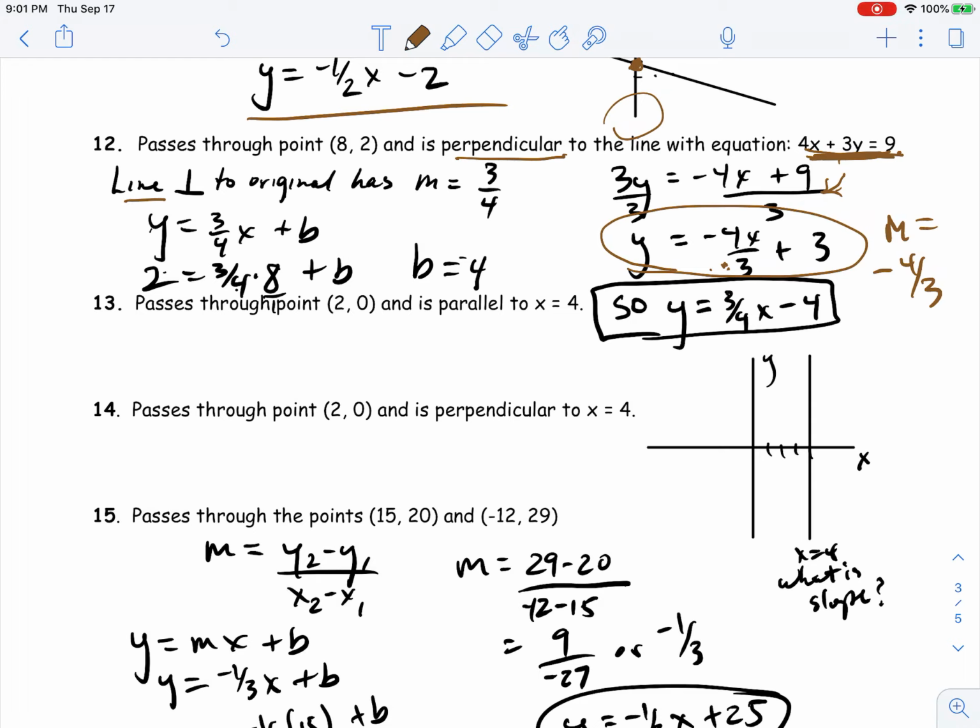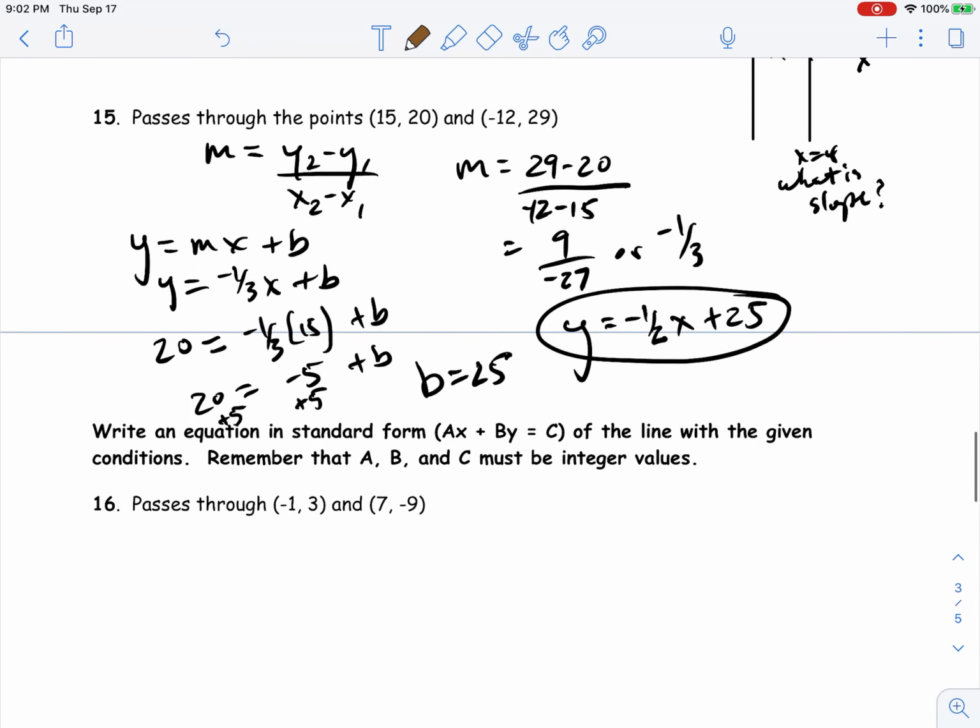And so that's why I said the line perpendicular to the original has to have a slope of 3/4. I'll let you take it from there and just confirm that what I did here is correct. And then I'd like you to finish that problem. Actually, I see that I did it right there.